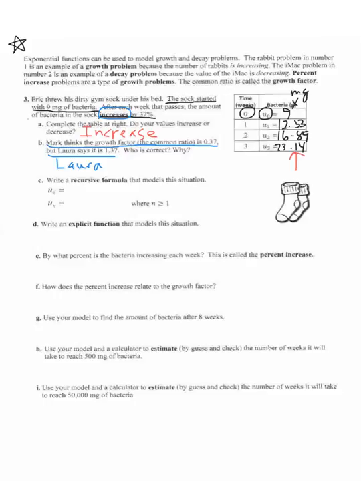For the recursive formula, u sub 0 is going to be equal to 9, right? This 9 right here. u sub n equals the term before it times 1.37. Right, how do we get the third term?